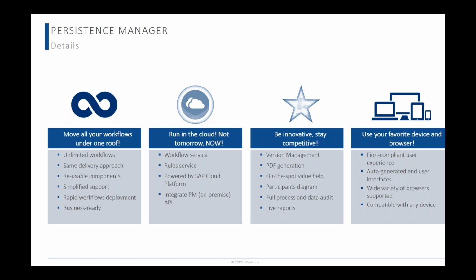Rapid workflow deployment, of course, is something we are very proud of. I think we are capable of delivering workflows much faster than the standard way, and this is also proven by some workflows which we already delivered. Standard workflow delivery normally ranges from 3 to 6 months.